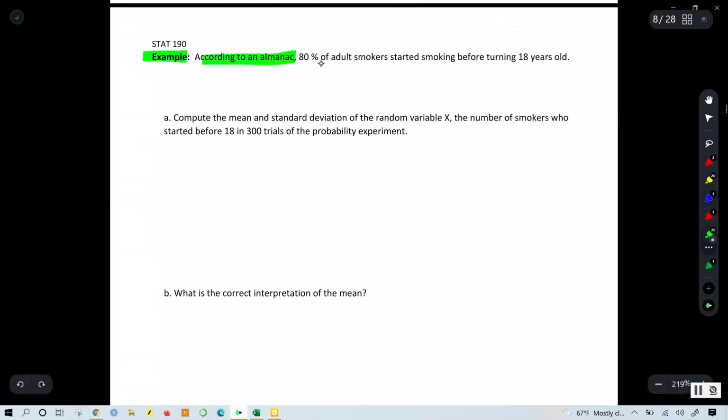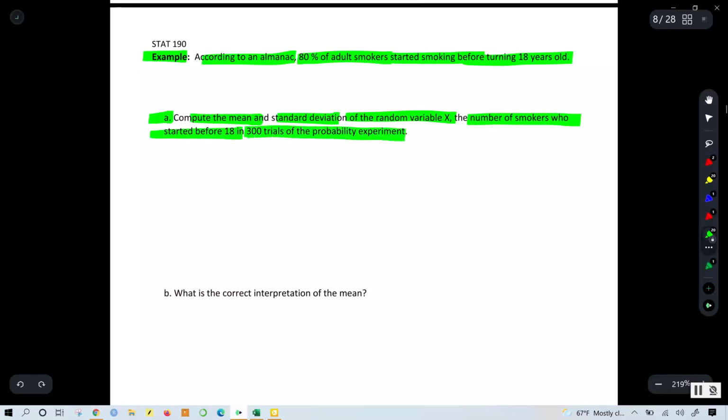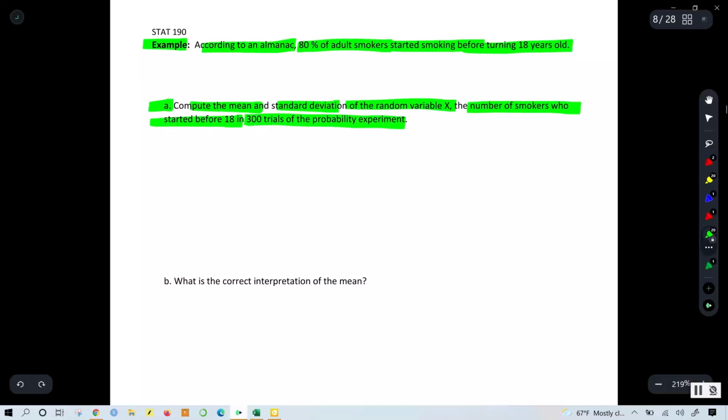According to an almanac, 80% of adult smokers started smoking before turning 18 years old. So we are to compute the mean and standard deviation of the random variable x that represents the number of smokers who started smoking before 18 in 300 trials of the probability experiment.